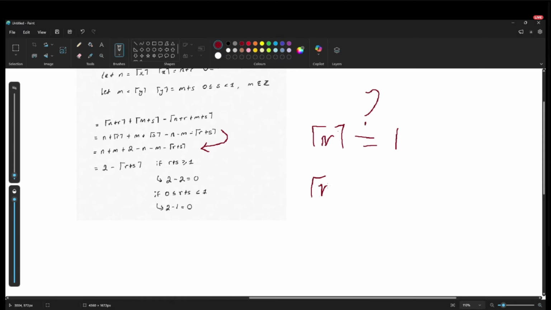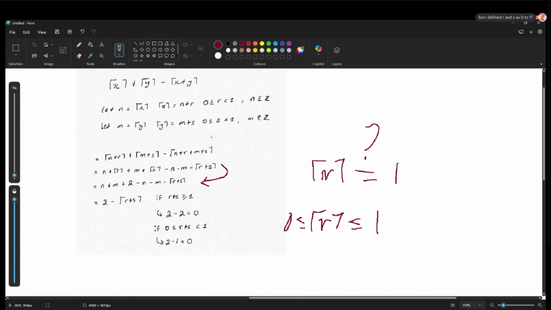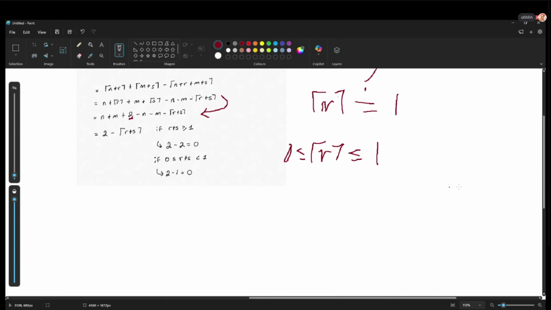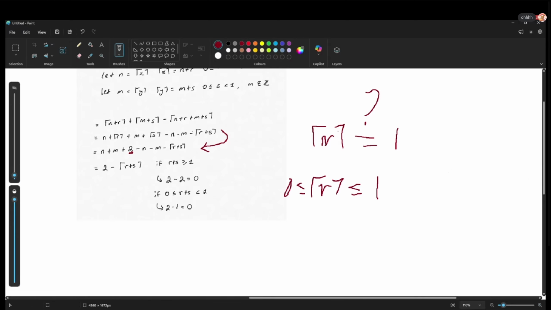You really only know that this is bounded between 0 and 1, and s as 0 to 1. So it could be 0, right? So this 2 here could just be 0 instead of 2, or it could be 1. That's the tricky part about these step functions, you don't know whatever case it is.